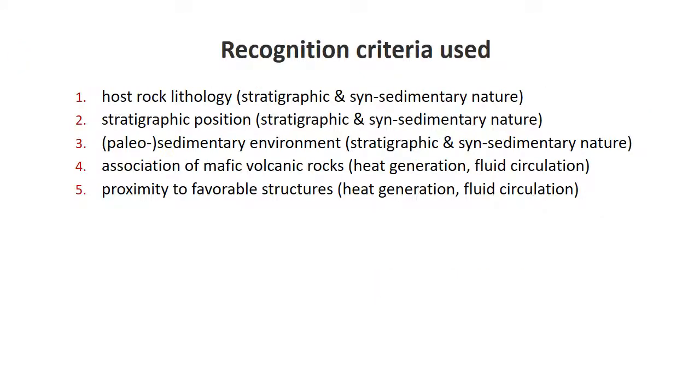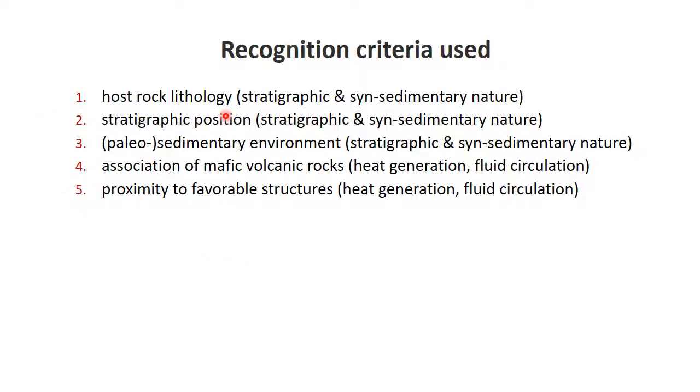So based on that information, we can already start to think about some recognition criteria. In terms of big groupings, there's stratigraphy, that's important, and then of course the heat generation and fluid center. So we need to have transport, which is the heat part, and we need to have a source, and then we need to have a trap. And that has to do with stratigraphy.